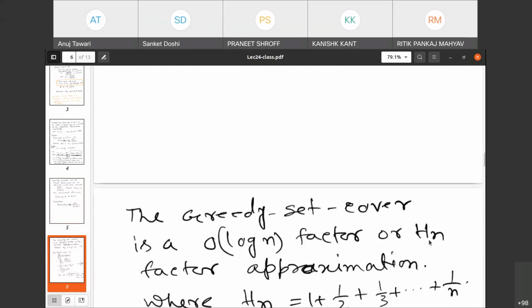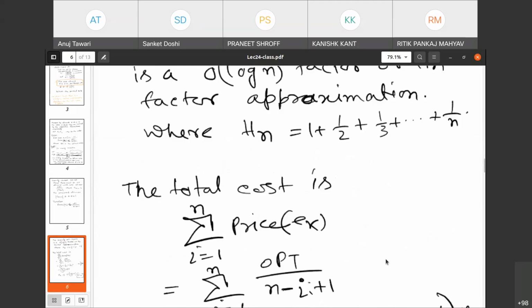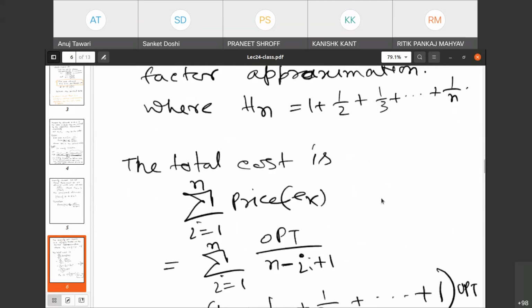Or this Hn, if you are familiar with some calculus, this kind of series is called a harmonic series. So this was the equation we had, that the total cost is the sum of the prices of every element from i equal to 1 to n. In fact, I should have written the sum of the prices of Ei instead of Ek.